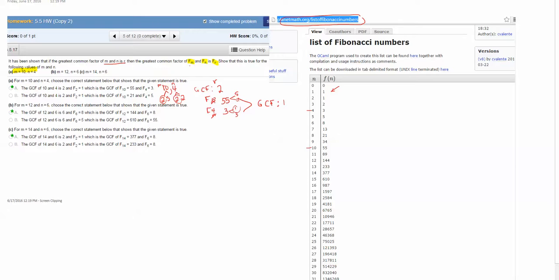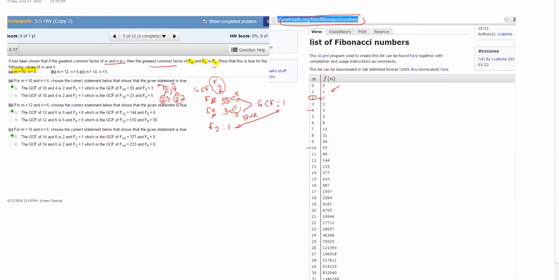So going back to this statement, if I find the greatest common factor for the Fibonacci numbers, it should equal f sub r. Remember, r was my GCF of the original numbers, so it should equal the number at position f sub 2. So now I want to look at f sub 2, and it's 1. And that is true.